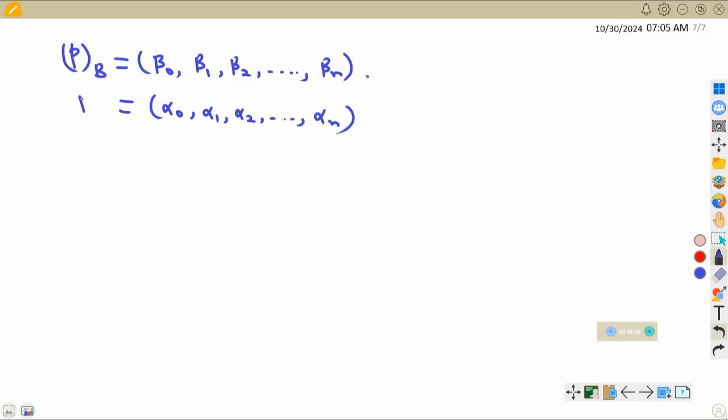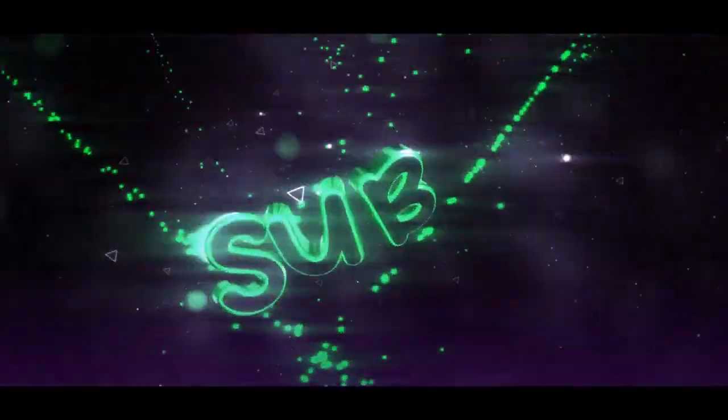So this will be the coordinate vector of P relative to the basis B. This is what we shall obtain.